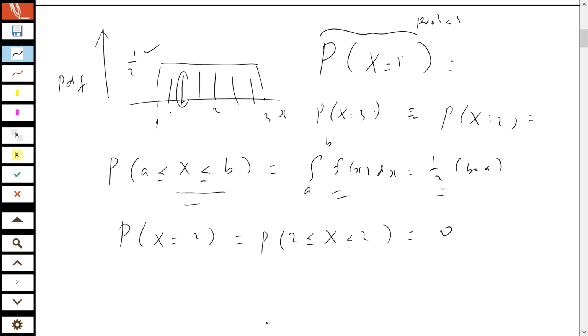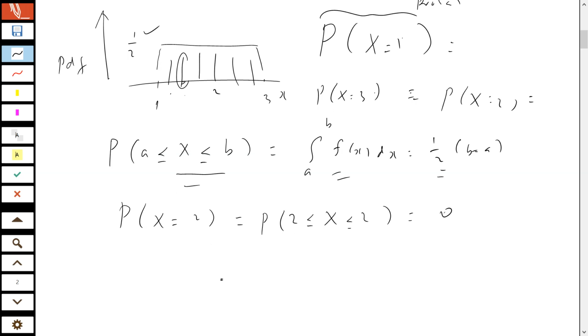This was not the case in discrete. If this was a discrete random variable, what would we do? We would do P of x equals 2, and then we would say less than or equal to 2, and what did we do there? Less than 1, right?